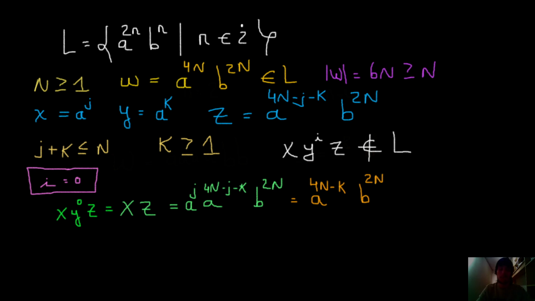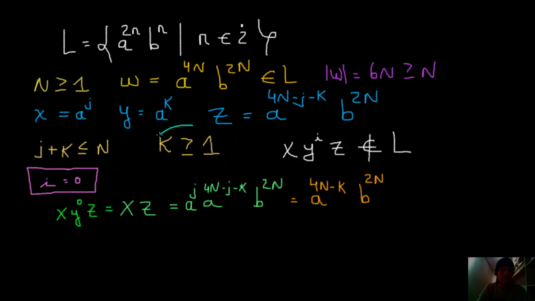Now we ask the student, is this word a word that belongs to this language L in here? Or in other words, do we have a word where the number of a's is 2 times the number of b's? And the answer is no, because 2 times this value is 4n, but here we do not have 4n a's. We have 4n minus k a's. Keep in mind that this k cannot be 0.